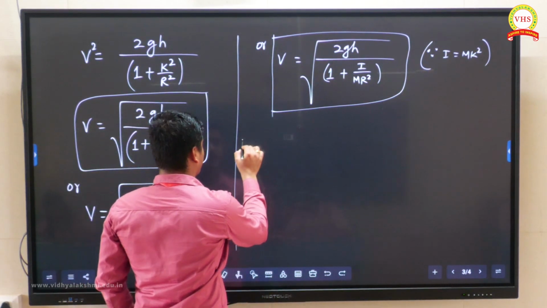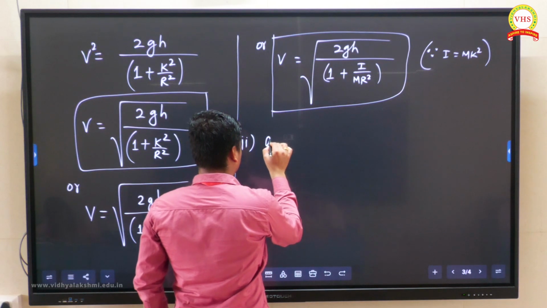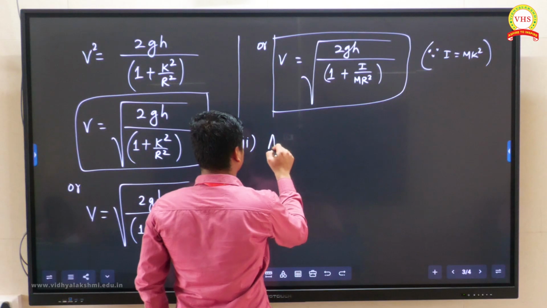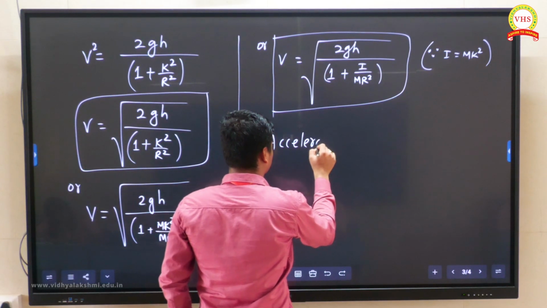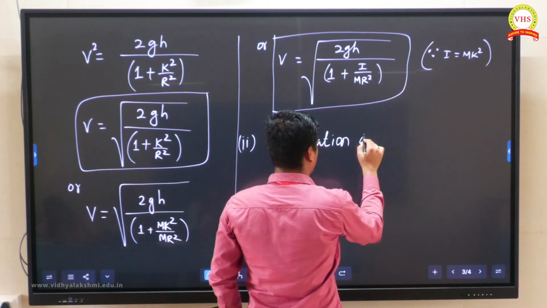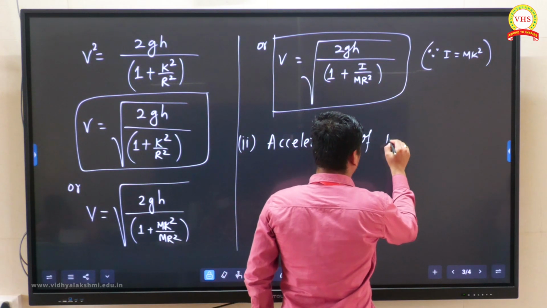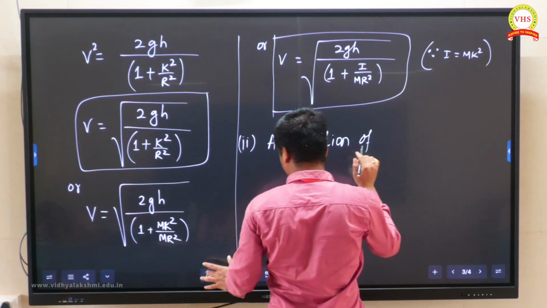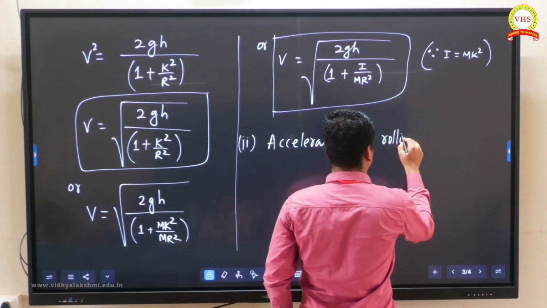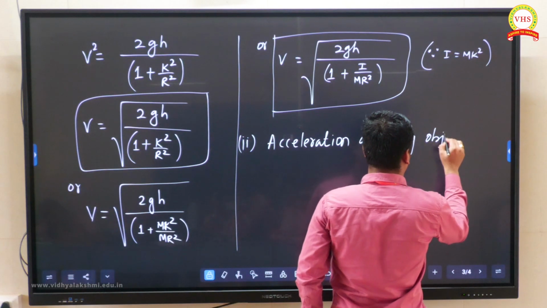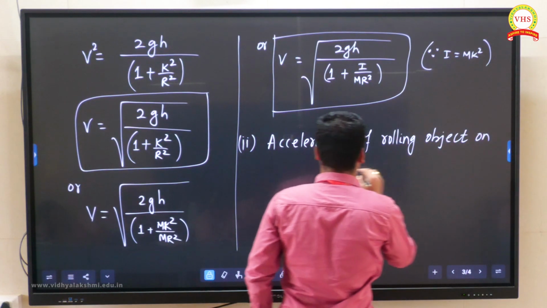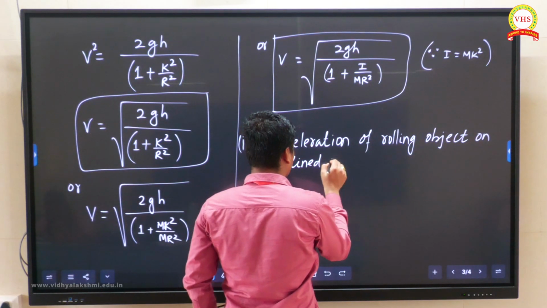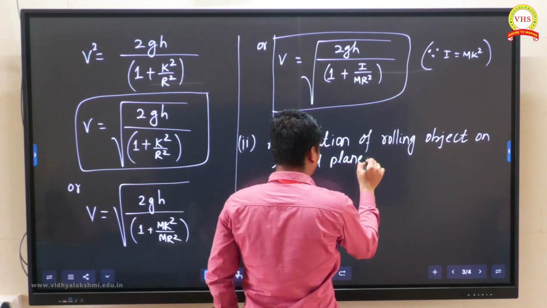Okay. Now the second point, listen. We have to find the acceleration of a rolling object on an inclined plane. So what will be the acceleration?